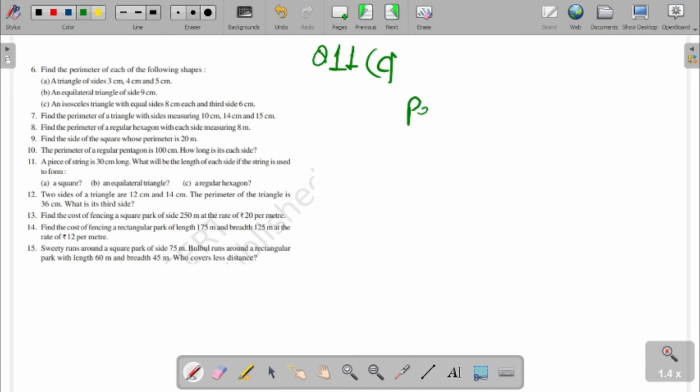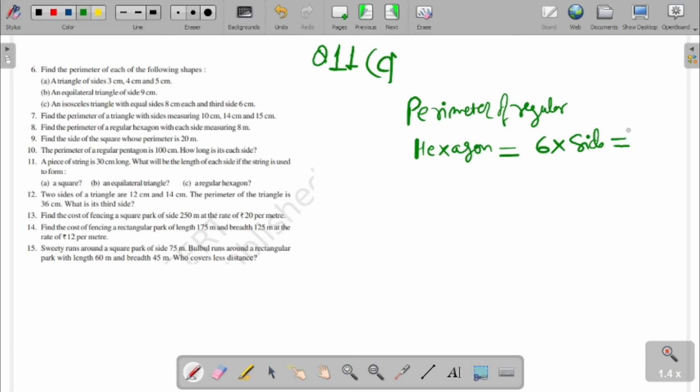Perimeter of a regular hexagon equals, this is given, 6 into side, and which is equal to 30, dividing both sides by 6.